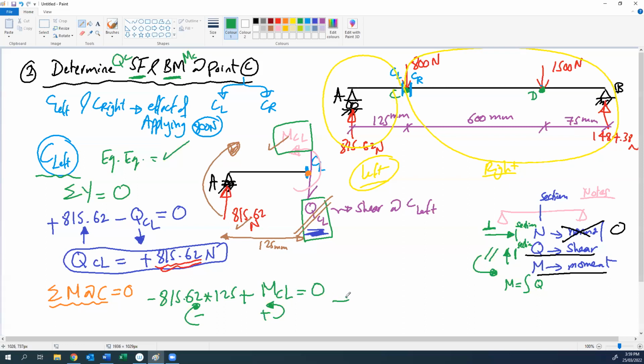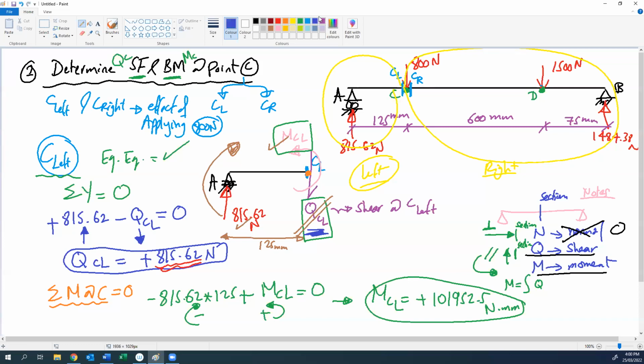From this equation, we will find that MC left will be positive 101,952.5 Newton millimeter. This is the moment at MC left.